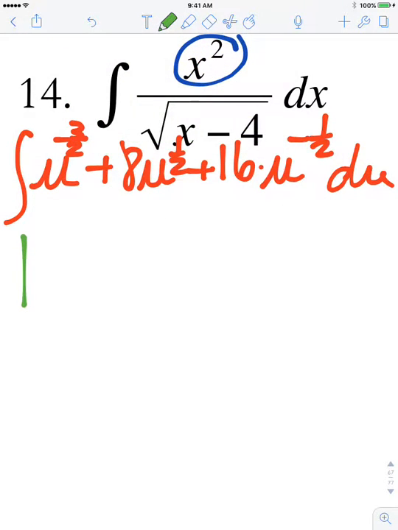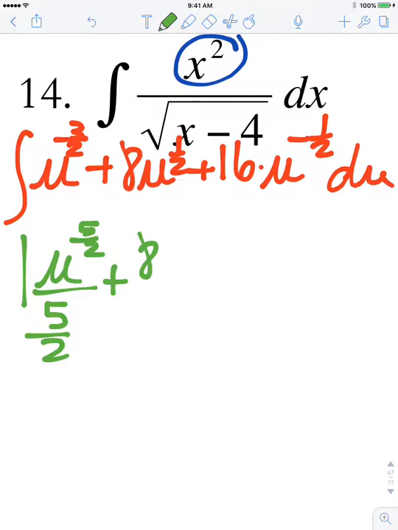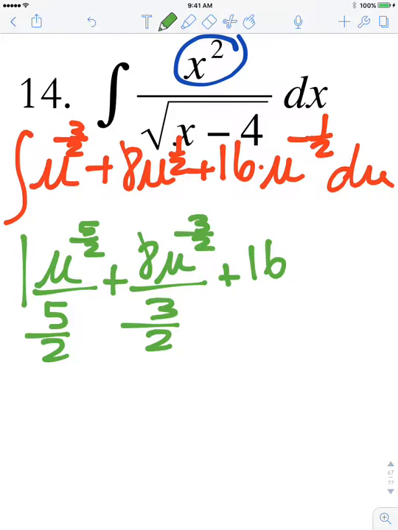Okay, so now I'm going to have u to the 5/2 over 5/2 plus 8u to the 3/2 over 3/2 plus 16u to the, let's see, 1/2 over 1/2. Okay, so let's go ahead and clean this up, and let's see what it gives us.